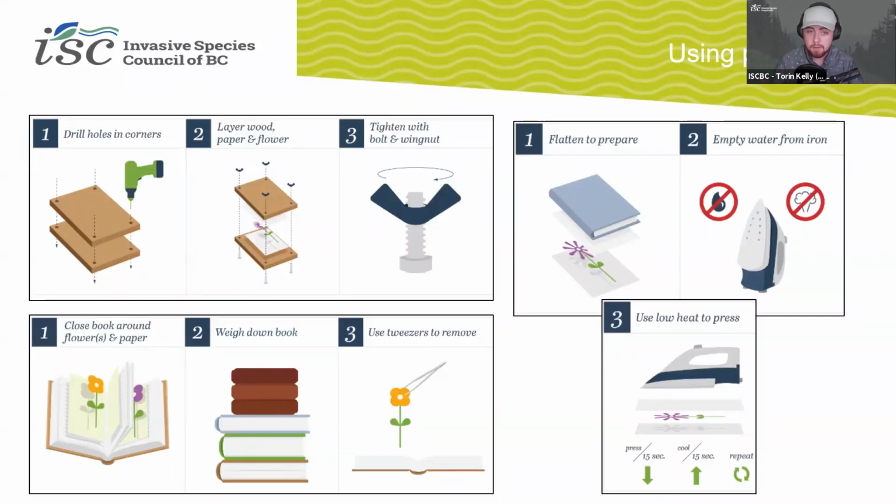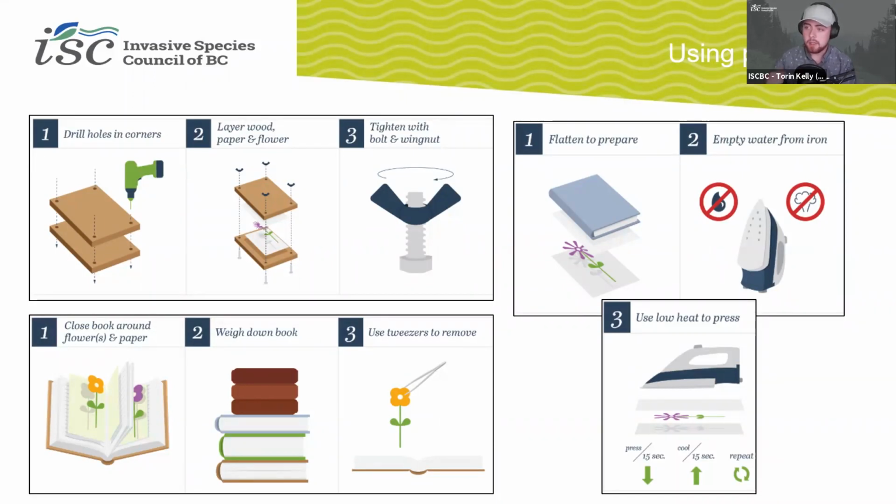For this flat iron press, I've never used this method before, but it seems relatively easy as well. You want to do something similar to when you're pressing a book, except you're only going to get 2 pieces of paper and put that plant sample between those, weigh it down with the book, and wait till that's flat. And then you're going to take a completely empty iron, no water in it at all, because the last thing we want to do is put water back into the plant.